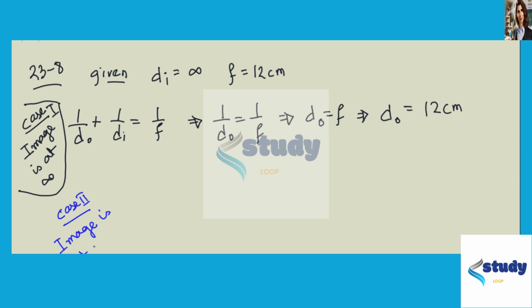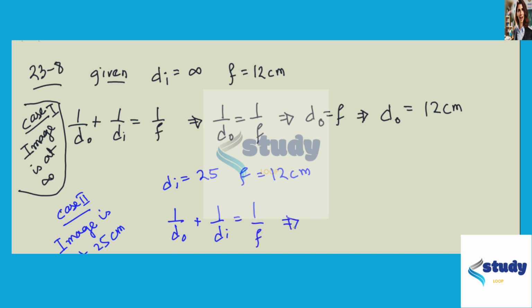That means d_i is 25 and the focal length is 12 centimeters again. If we again solve, we have 1 over d_o plus 1 over d_i equal to 1 over f.